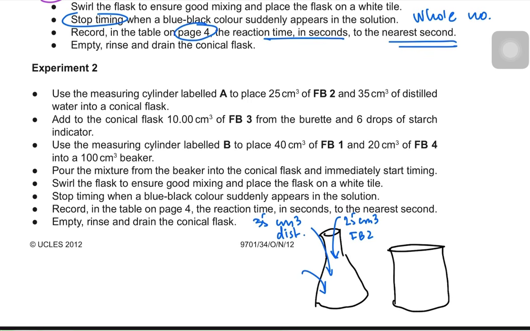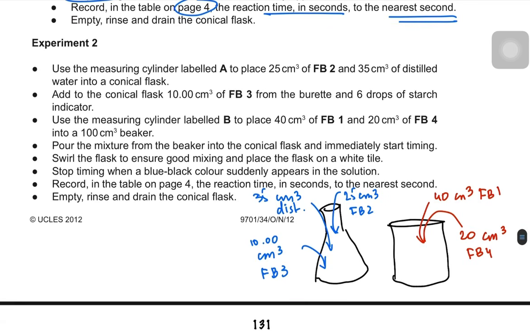I'm also placing 10.00 cm cube of Fb3 from the burette and obviously these 6 drops of starch. Why am I placing more water here? That doesn't make sense so far. This is only because in the beaker I'm going to be placing 40 cm cube of Fb1 instead of 50. The 20 cm cube of Fb4 is still the same.